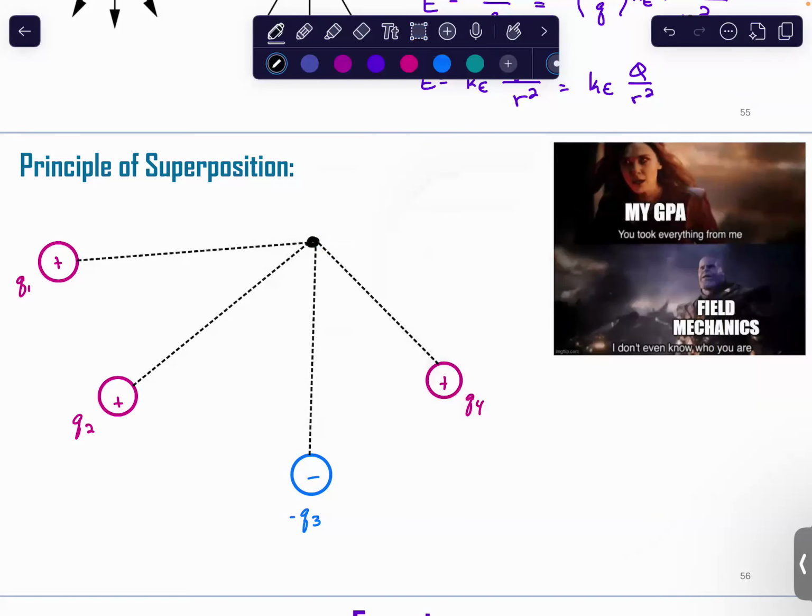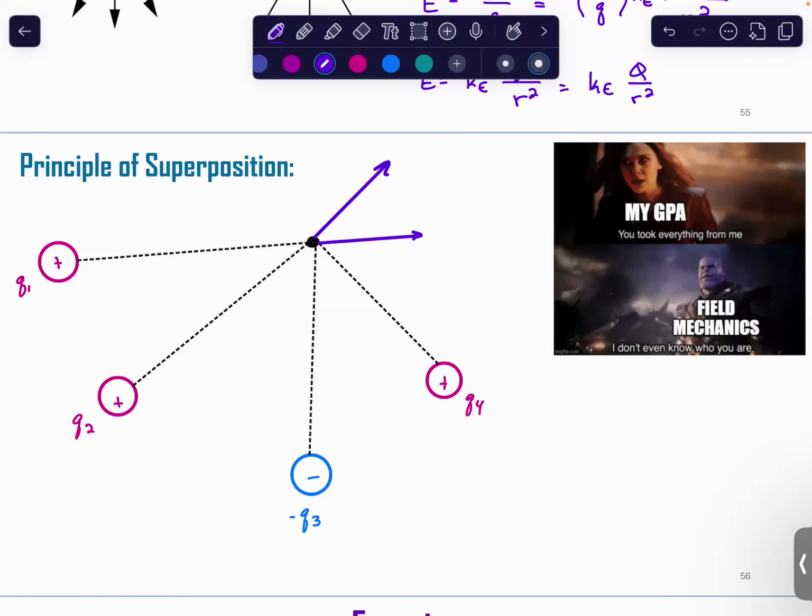Okay, so again, electric field vectors are going to point away from positive and towards negative. So for this first one here, we're going to try to go along that line, as close as we can get, away from the charge. We're going to do the same for charge 2.